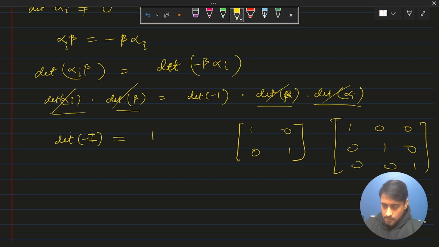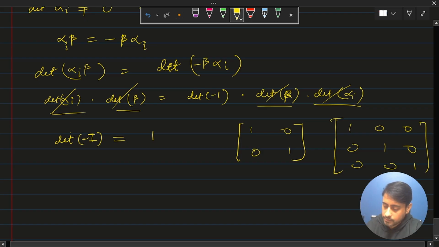We know that if you take the determinant of this minus unit matrix, the minus will give you a negative sign, and that negative sign will make these ones minus 1, minus 1, minus 1, and so on, if it is a higher dimension matrix.